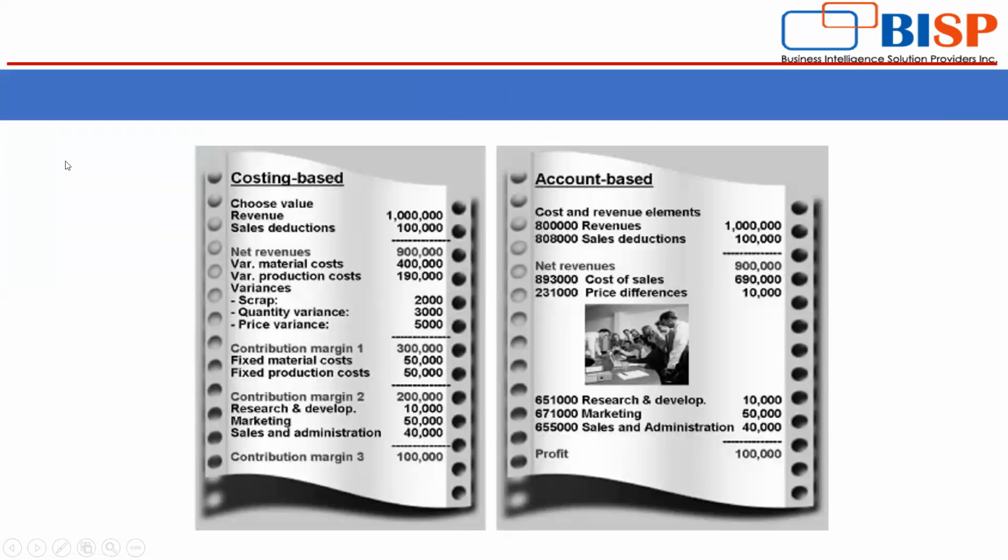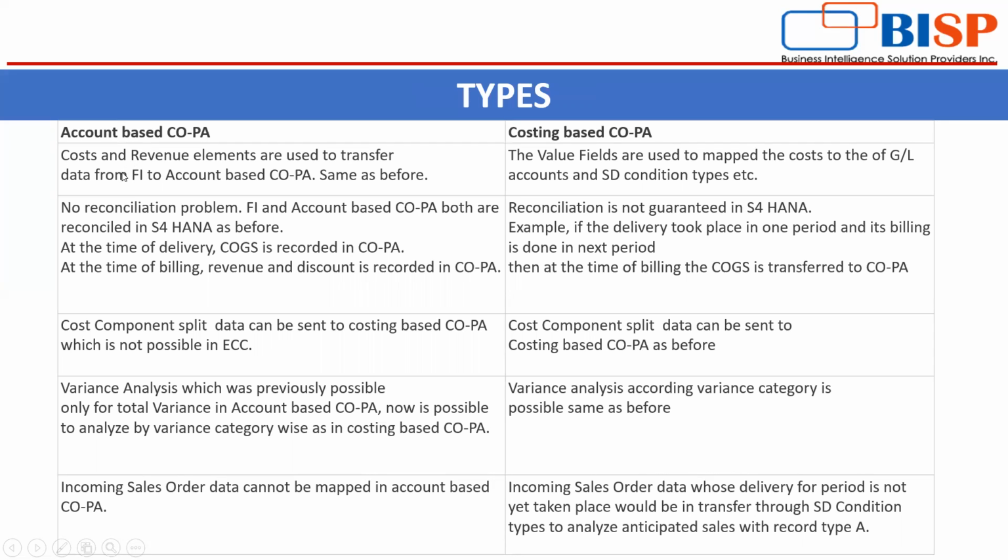So it is very easy for us to transfer data from FI to account based COPA. While under costing based COPA, we had to define the value fields, and these value fields are used to map the cost to the GL accounts and SD condition types, etc.